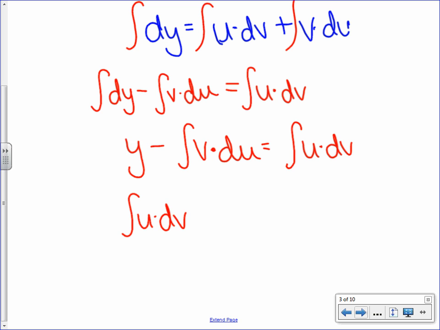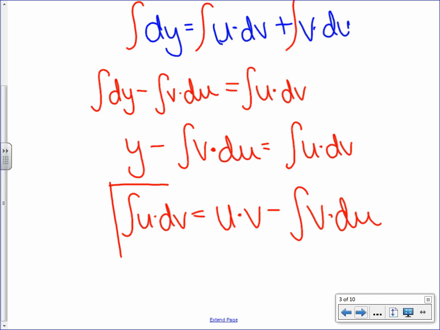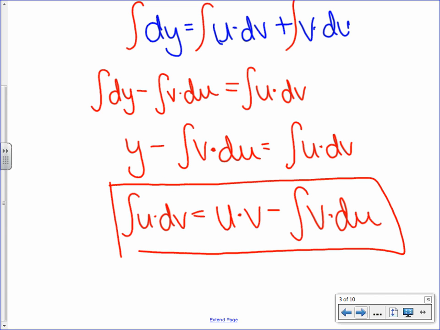The integral of u dv is uv minus the integral of v du. There you just did both: the reflexive one where you flipped them, and the transitive one where you substituted.